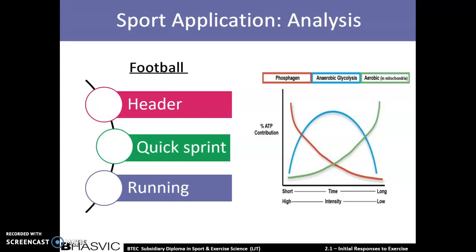Because the PC has a smaller amount of fuel and is burned super quickly, that's why it's only going to be involved in a quick sprint. However, in a header, it's super quick, and that's why ATP is only used, as it only has a small amount of fuel that is initially stored within.